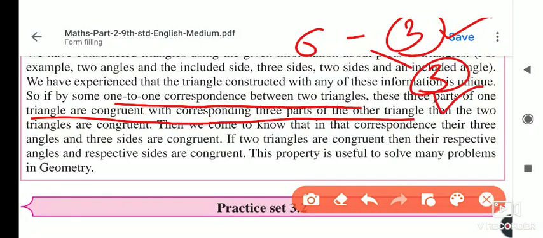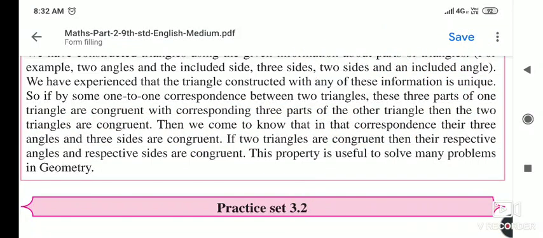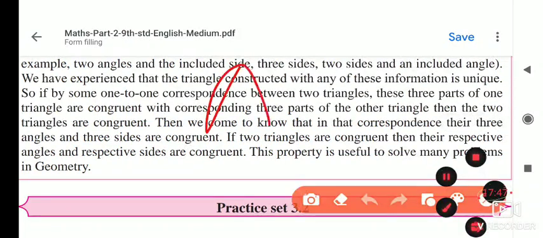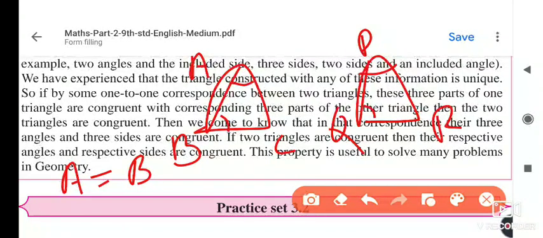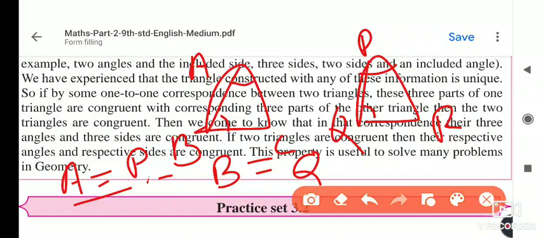Indirectly they are also congruent to the remaining three parts of the other triangle. For example, this is triangle ABC and suppose this is triangle PQR. If angle A is equal to angle P, angle B is equal to angle Q, and AB is equal to PQ, then three things of the first triangle are equal to the other triangle.